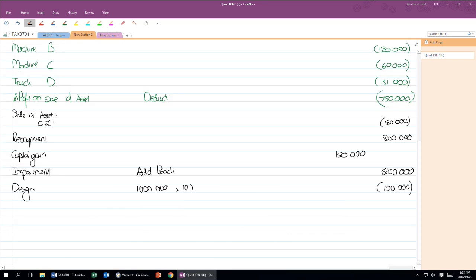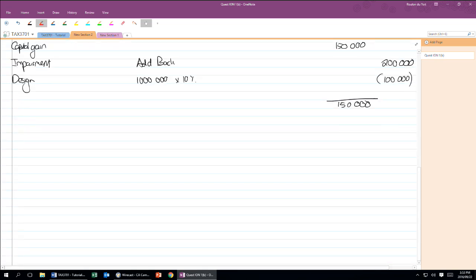So what you'll see, what will happen now is we'll do the same. You will add up everything in your CGT column. Again, guys, because this is a company, that 150,000 rands is called our aggregate capital gain.